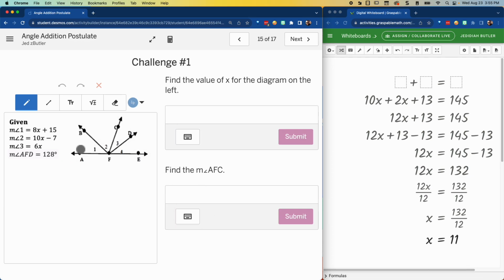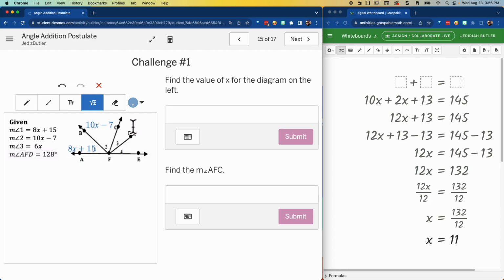This one has a lot of things going on, so let's see what we can put on there and how we can make sense of it. So we have angle 1 is 8x plus 15. All right. Angle 2 is 10x minus 7. So that's this second zone of rotation, to rotate from B over to C is that amount.